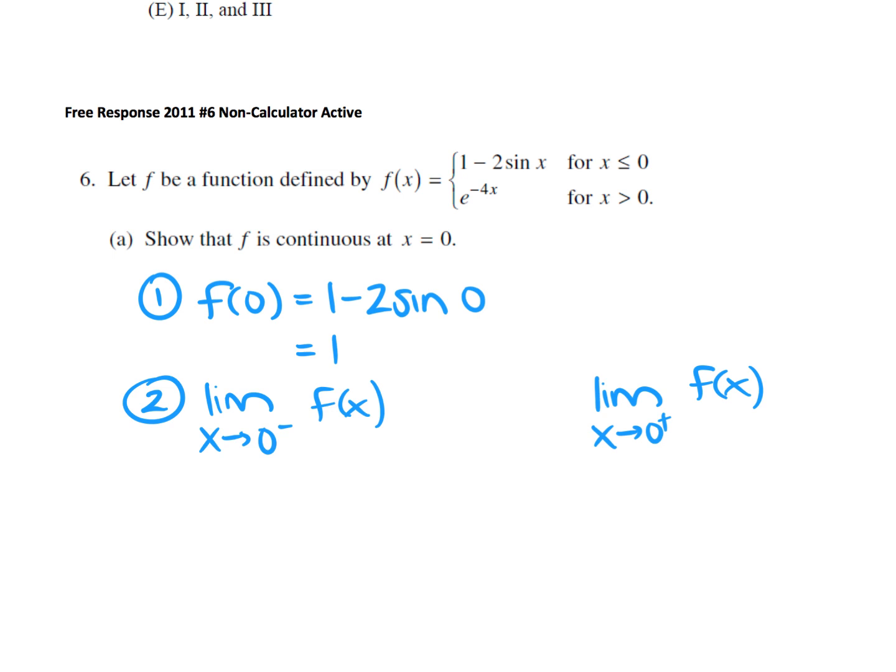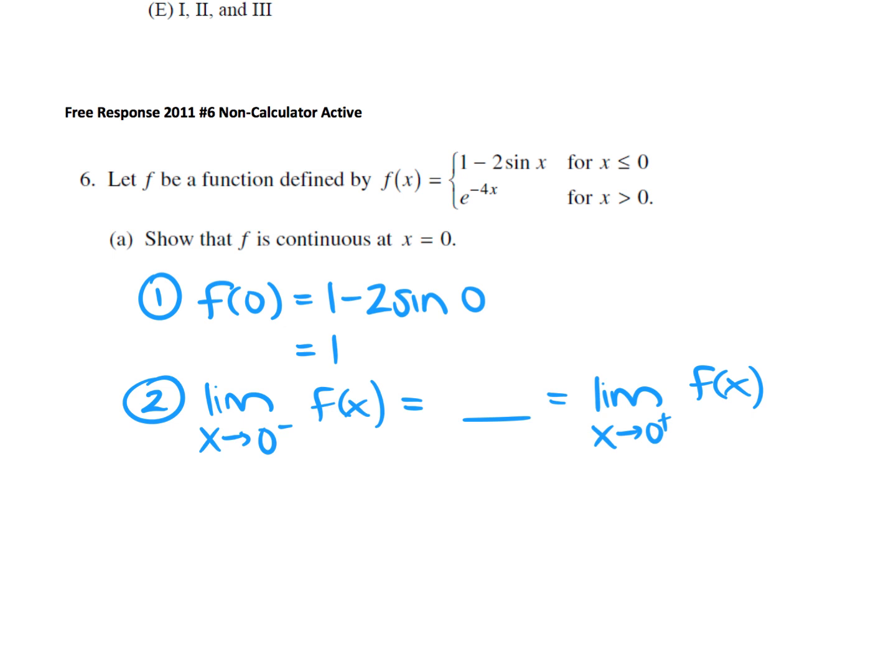And really, what do I want them to be? The same. So in order to kind of save myself some room, I often just write that like this and leave myself a space in the middle to write what that number is. So I don't have to do the limit as we approach 0 from the left, the limit as we approach 0 from the right, and then say that I have a limit. I can just say, here we are, okay? As we approach 0 from the left, which piece would we plug it into?